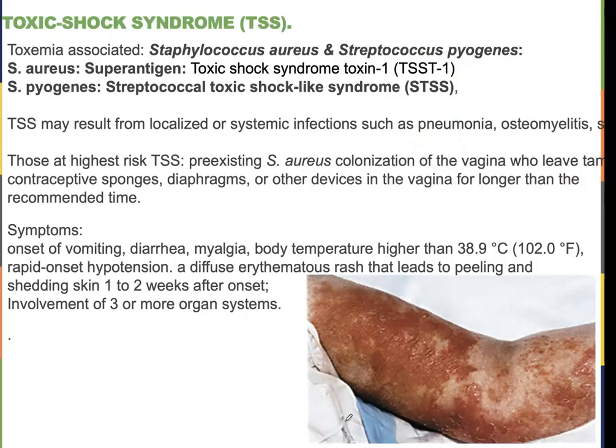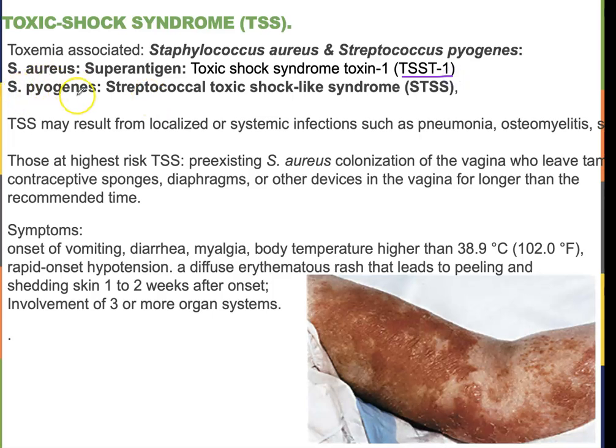So the one shock we're going to talk about, a couple, is toxic shock syndrome, which is predominantly produced by Staphylococcus aureus, but also Streptococcus pyogenes can cause toxic shock syndrome. And the superantigen, or the toxin that does that for Staphylococcus aureus, is basically this toxic shock syndrome toxin 1, TSST-1.